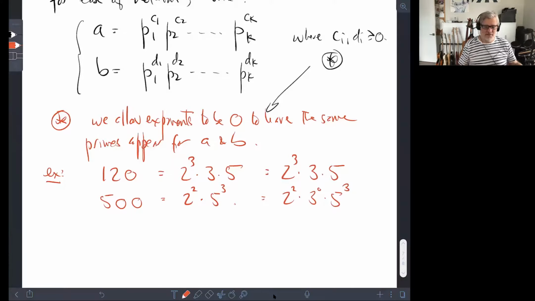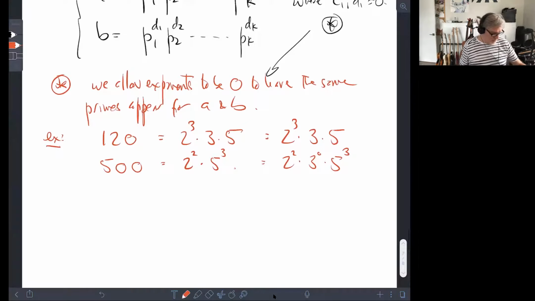The decomposition which is unique has exponents that have to be at least 1, obviously, because otherwise, that's why 1 is not a prime. It's not a good thing to have 1 as a prime. So I want to compute the GCD of these two guys. Well, might as well continue the example.